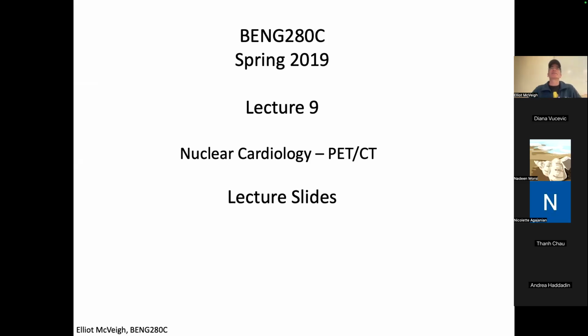Okay, so we did SPECT. Some of the shortcomings of SPECT in terms of cardiovascular imaging technique were that the spatial resolution was pretty poor. I mean, there were sort of blurograms and blobograms, they had big convolution there.